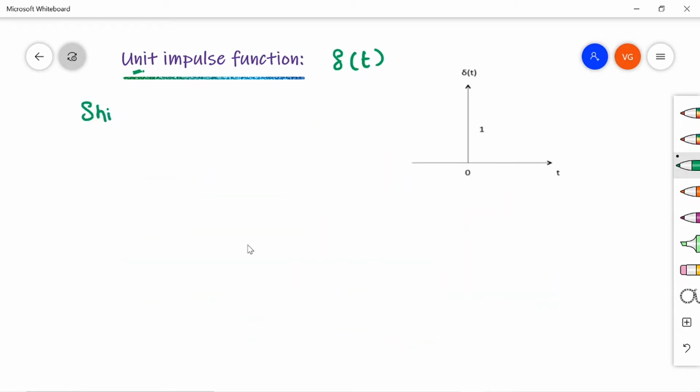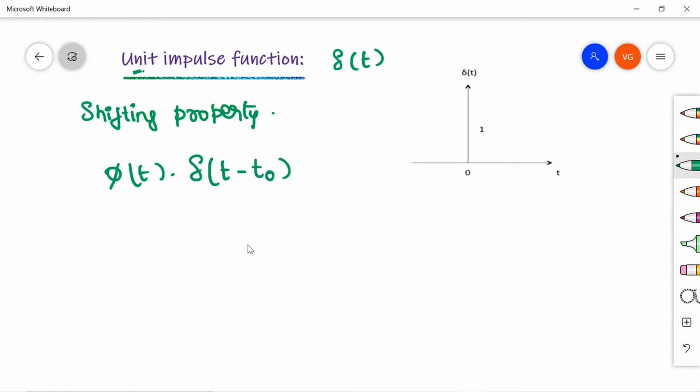Next is the shifting property of the unit impulse function. What happens if you multiply a signal phi of t with the shifted version of the impulse function? Suppose the impulse function is shifted by t naught. As I have already explained this time shift property in my previous videos, I am just explaining briefly.